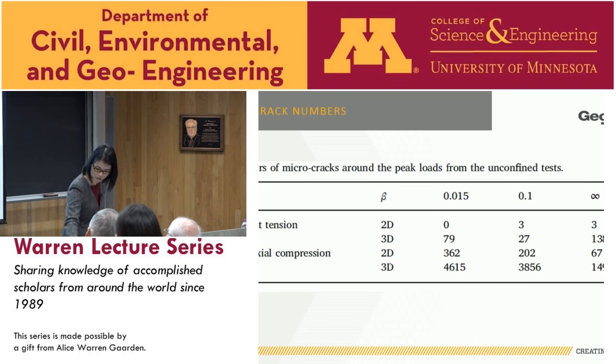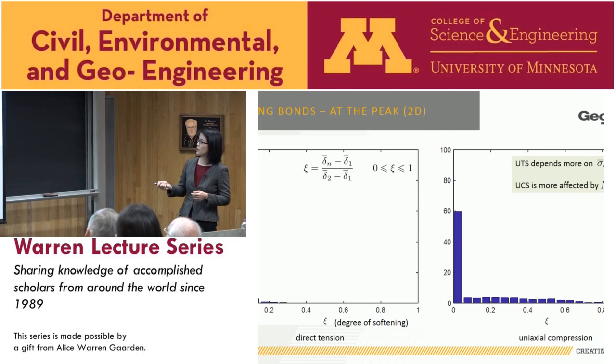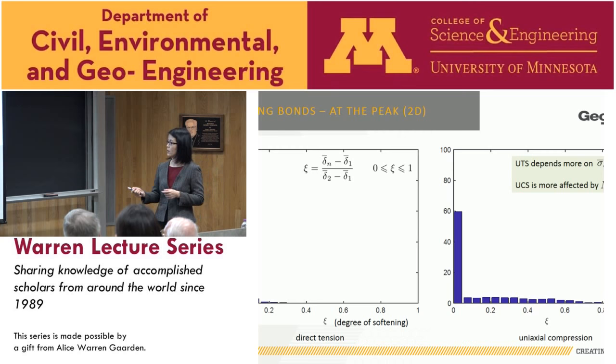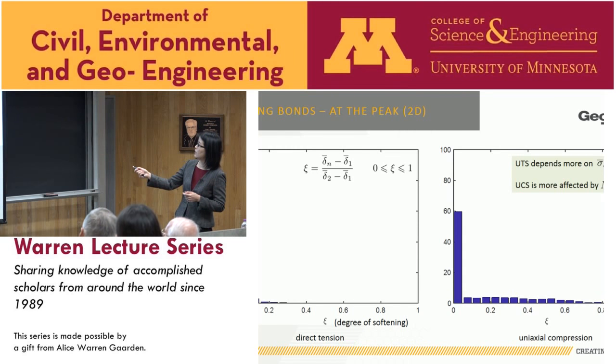And to validate my point that the uniaxial tensile strength is more related to the bond strength, and the uniaxial compressive strength is more related to the total energy loss, the nominal energy loss times the total number of cracks.